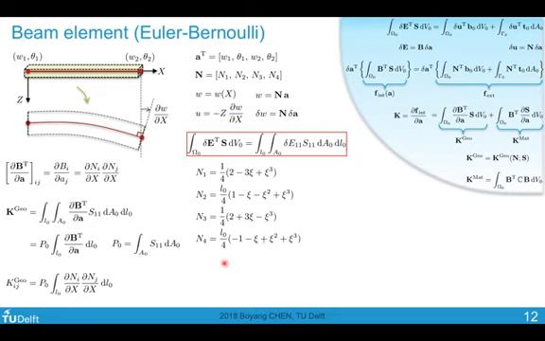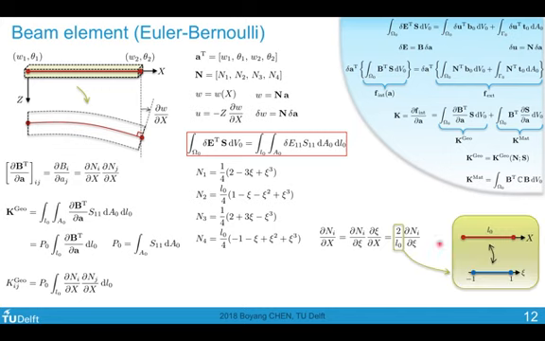In order for me to calculate this tangent stiffness matrix, I need to take the partial derivative of the shape functions with respect to the material coordinate capital X. But these shape functions are expressed in the natural coordinate xi. So we need to do the mapping. We take the partial derivative with respect to xi, and then multiply by the partial derivative of xi with respect to capital X. This is the inverse of the Jacobian that we talked about.